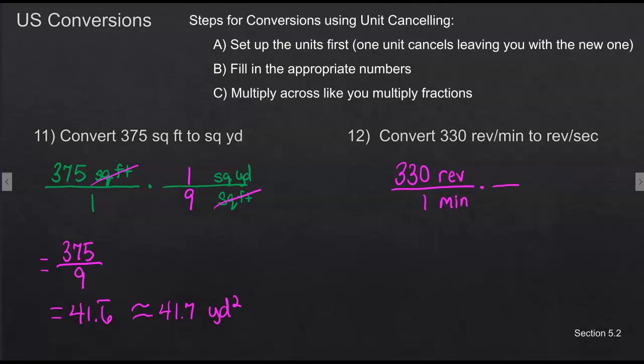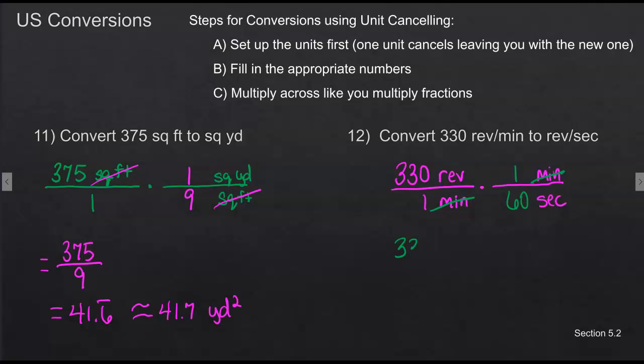Oh, gosh. So we have minutes here and seconds there. And then we're going to put in our conversion factor, right? In 1 minute, there are 60 seconds. And then we'll be able to convert from there. Notice we get to mark out the minutes.